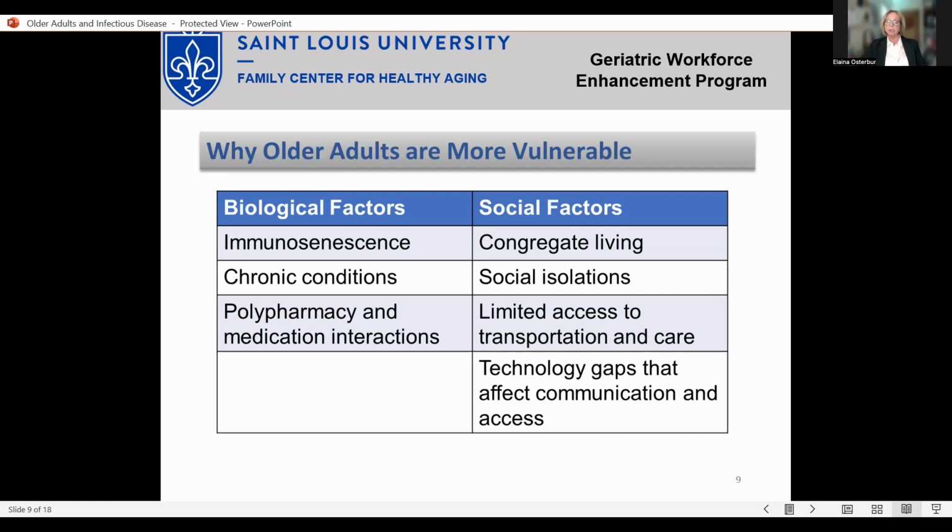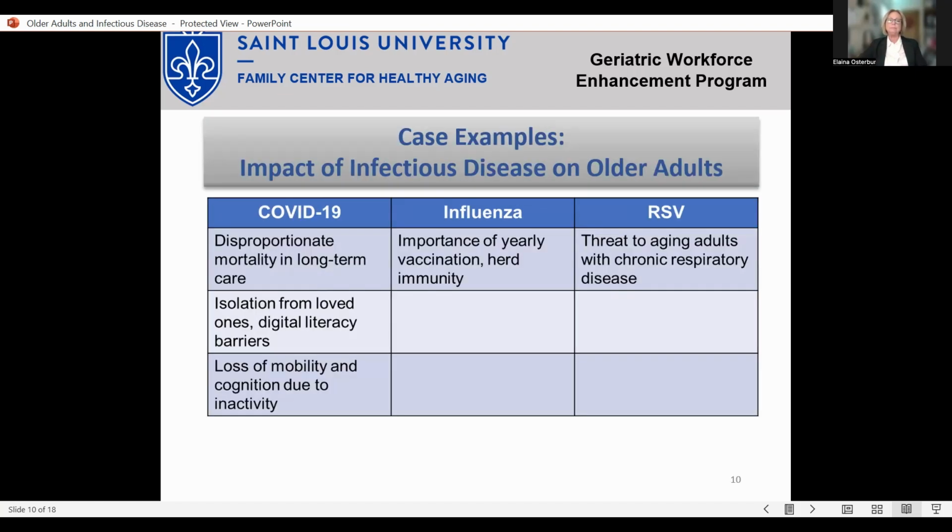This isolation may contribute to mental health concerns, including depression and anxiety. These effects can be compounded by limited access to transportation and healthcare services. Additionally, many older adults face technological barriers, such as lack of access to smartphones or the internet, which further restrict their ability to maintain social connections and access critical resources.